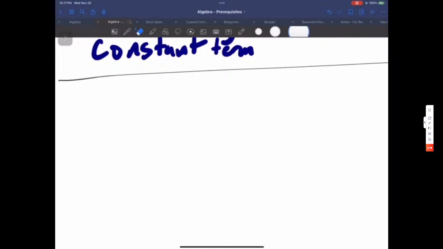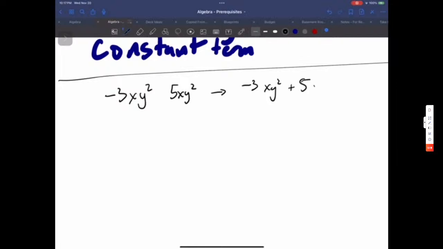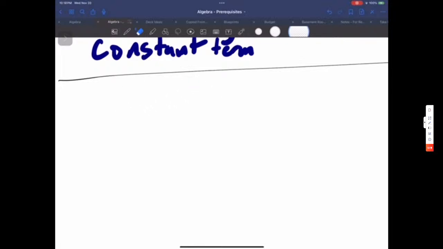For instance, negative 3xy squared and 5xy squared are like terms, so you can add them to get a result of 2xy squared. Some people find it easier to write these in very long form.